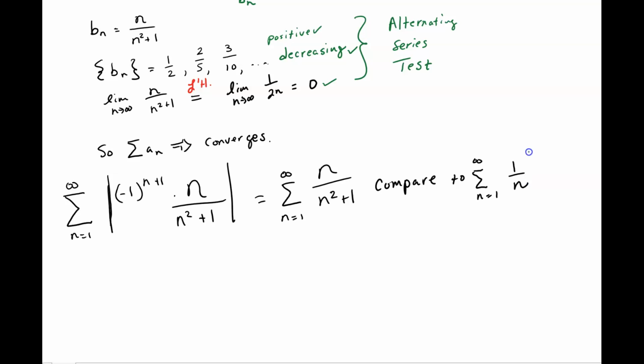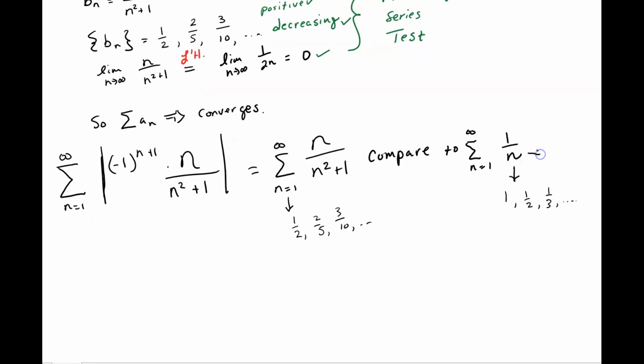I know something about this 1 over n, and I can list out the elements if you really want to see them. These are 1/2, 2/5, 3/10, and so forth. This one is 1, 1/2, 1/3, and so forth and so on.